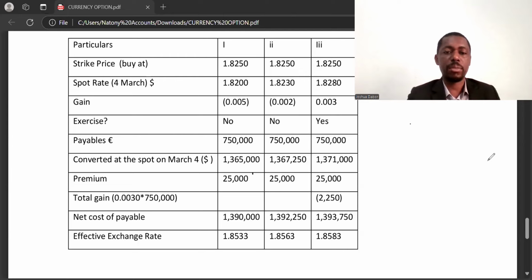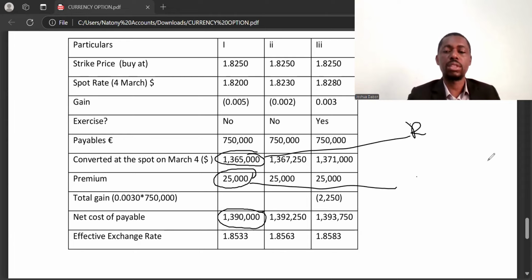This premium is a payment. And this is also a payment to the supplier. Therefore, the total payment that has been made regarding this contract is this amount. This amount relates to the receivable, while this amount relates to the option contracts. So the effective rate becomes this amount.